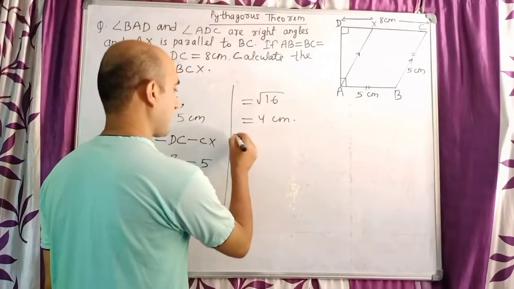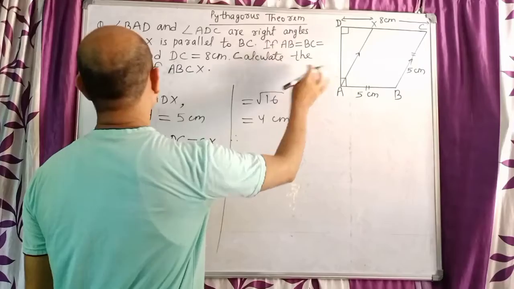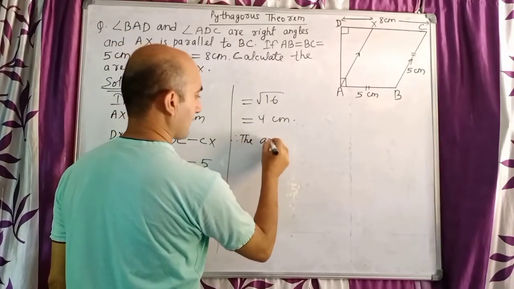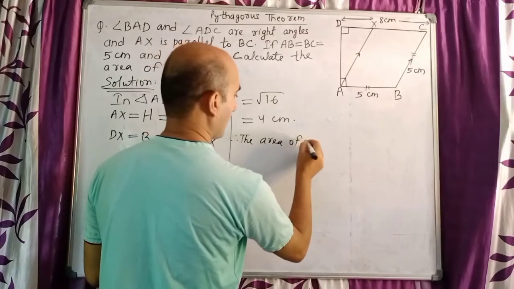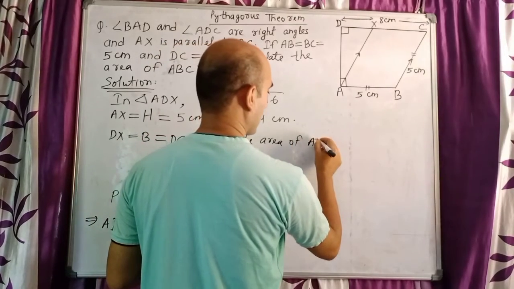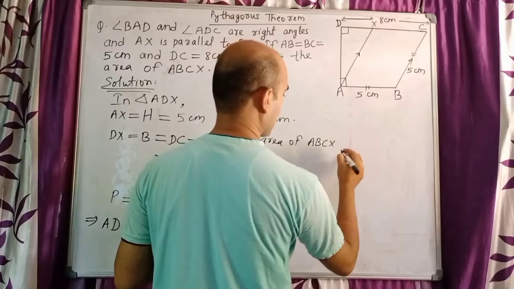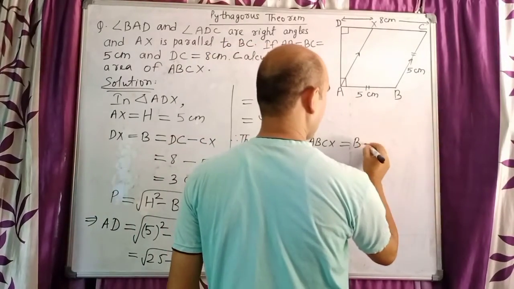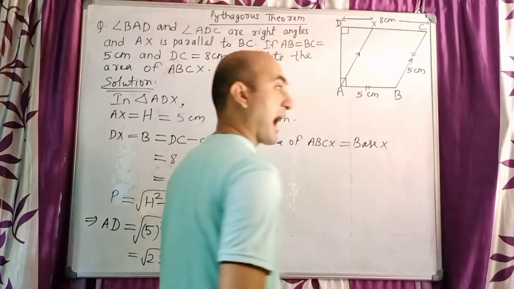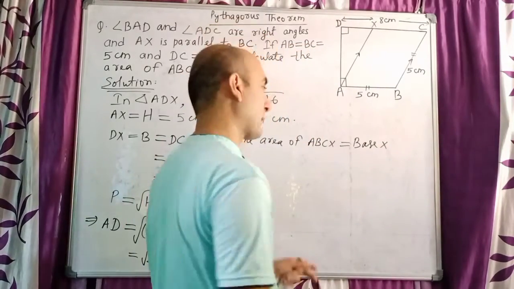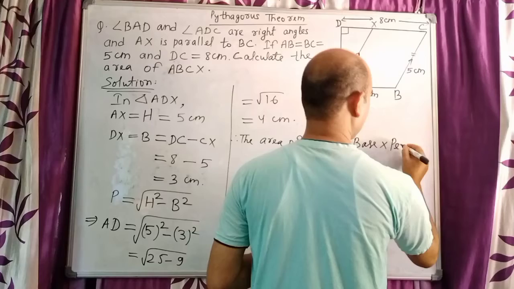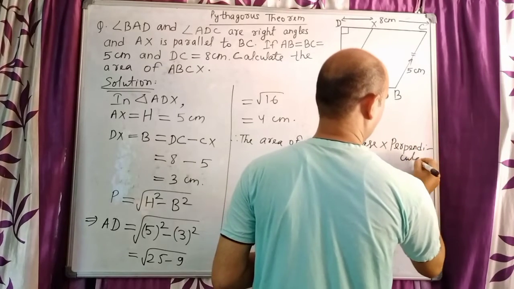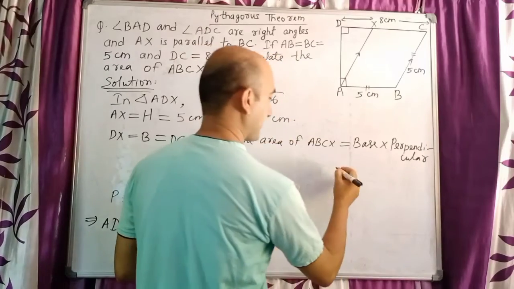Therefore, the area of ABCX, as it is a rhombus, its formula is base into height. Height is also called perpendicular. So base into perpendicular.